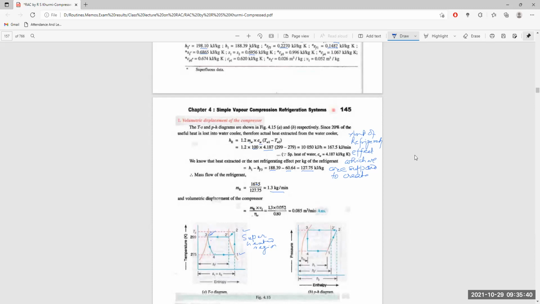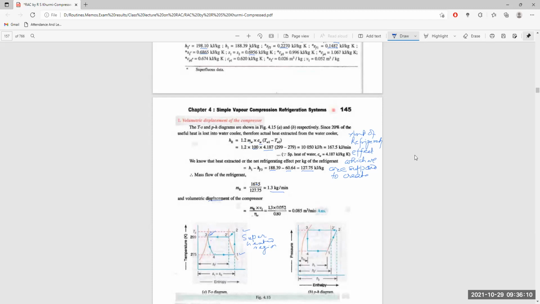And the volumetric efficiency of compression. Volumetric displacement means how much the compressor is displacing for each stroke, and how much volume it is compressing for each particular stroke.